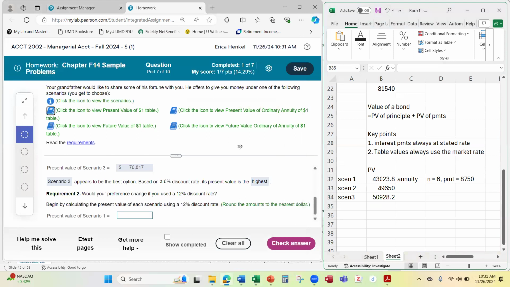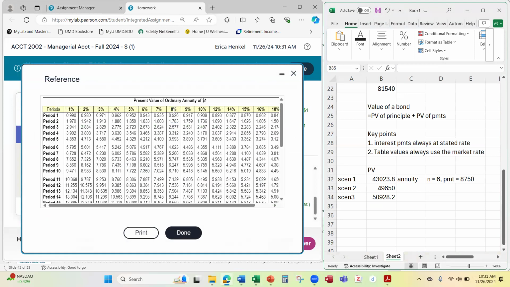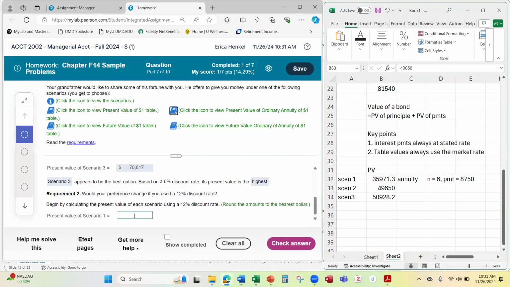And then for this one, for the annuity, I did 6% on that one, didn't I? Okay, now I've got to go back and look at it again. Or no, it's 12. Sorry, we're looking it up at 12% again. So 12% for 6 years, that's 4.111. So present value 35,971.